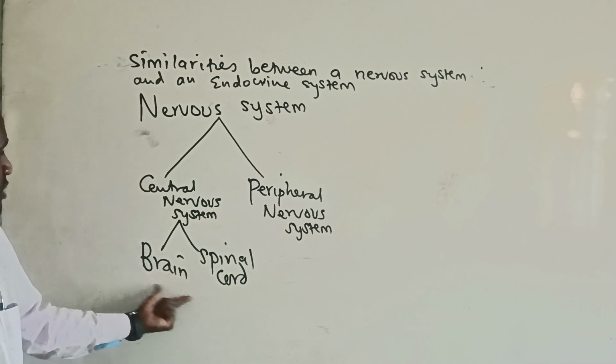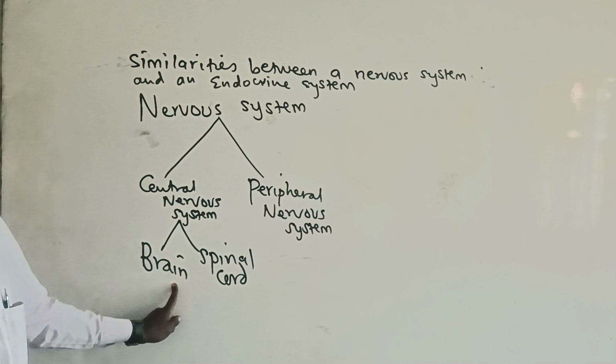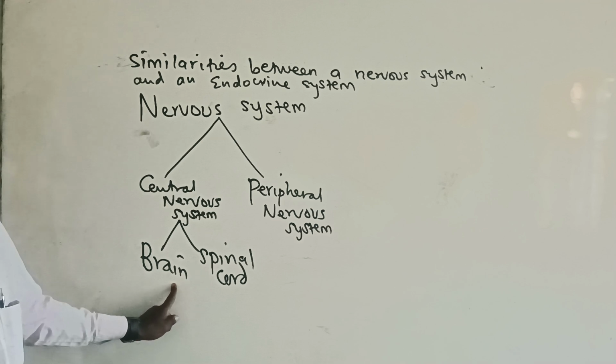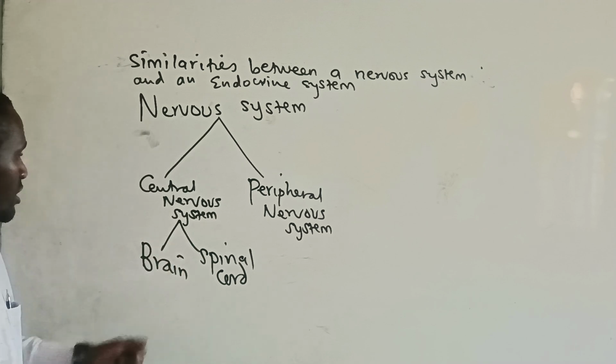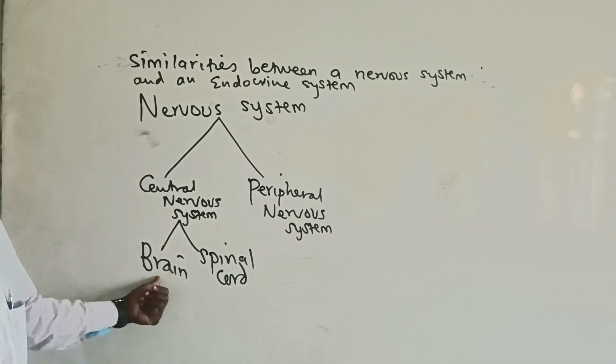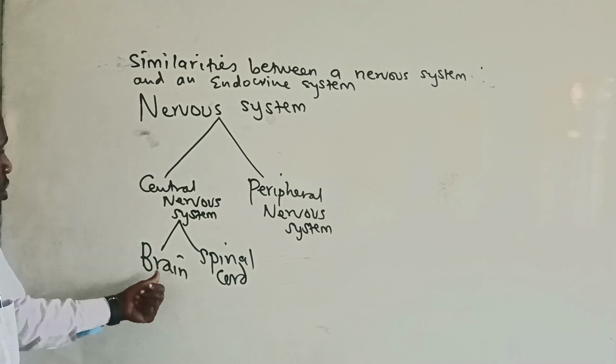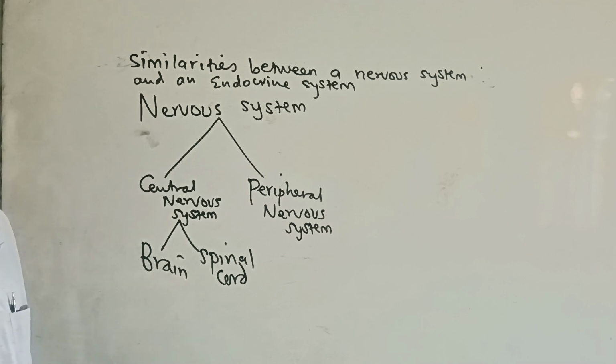The midbrain consisting of the corpora quadrigemina, mediating between the forebrain and the hindbrain. We have the hindbrain, consisting of the cerebellum, the pons, and the medulla oblongata, that facilitate controlling the rate of breathing.